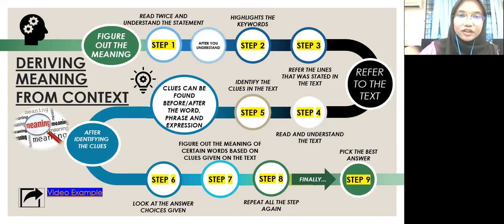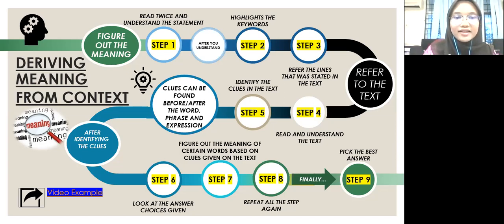After you find the line that has the word, read and understand the text, and then identify the clues in the text. The clues can be found before or after the word, phrase, or expression in the passage.